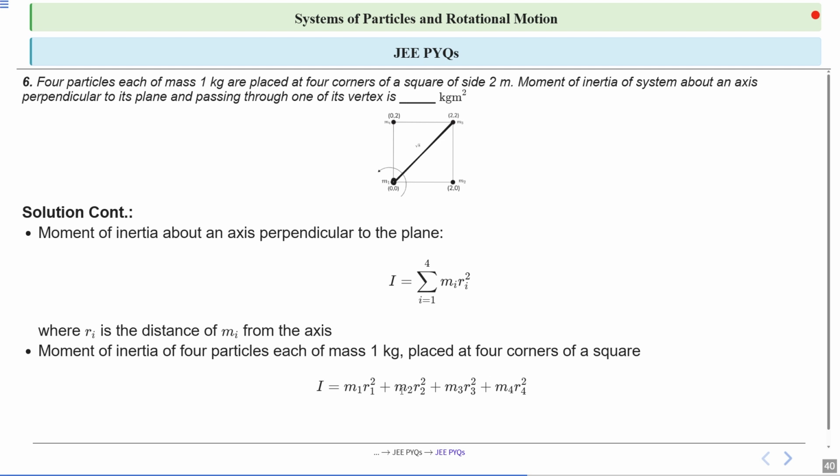Now we will put the values of these terms in this equation. So M1 is 1 and R1 is 0 square, plus M2 is 1 and R2 is 2, squaring 2 square, plus M3 is 1 and R3 root 8 square, plus M4 is 1 and R4 2 square.